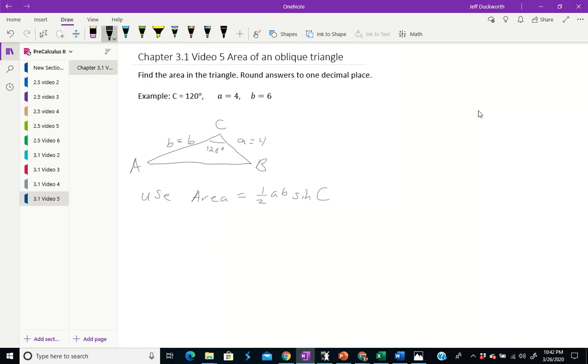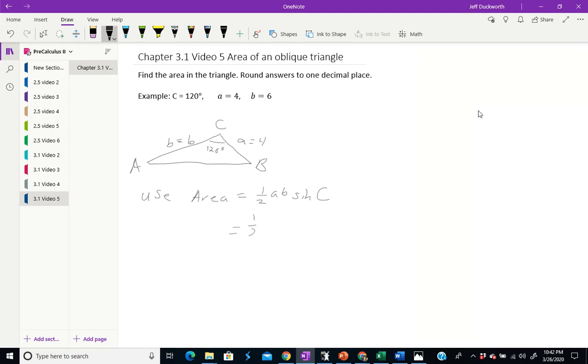So the instructions that I have here: find the area of the triangle, round answers to 1 decimal place. I'm using 1 decimal place because that's what your book uses for problems 37 to 44 on page 268, which is where all the other 3.1 questions I've had you do are. All right, so anyway, this is the one we're going to use, and we're going to fill in.